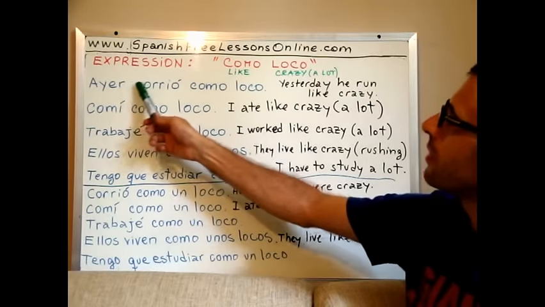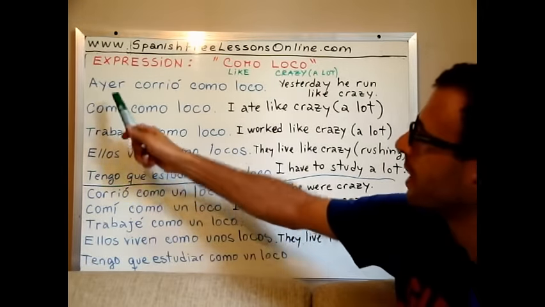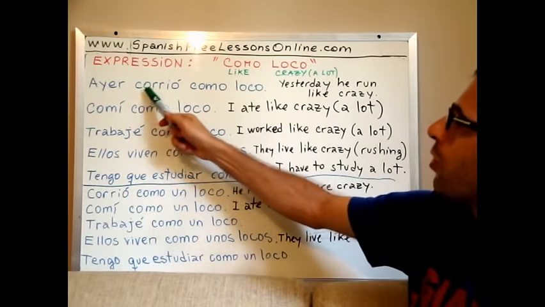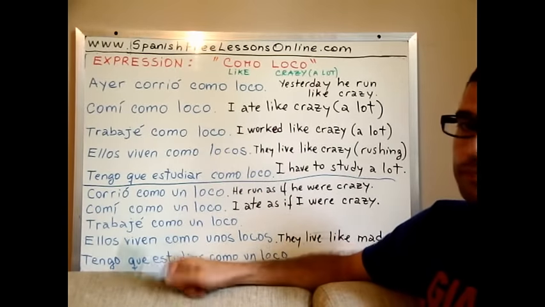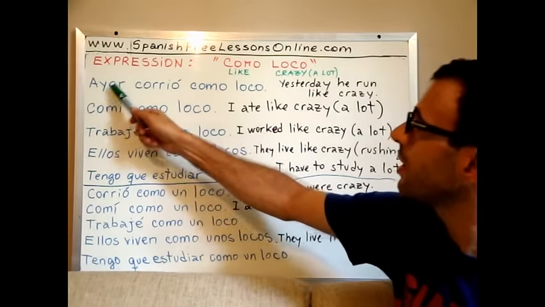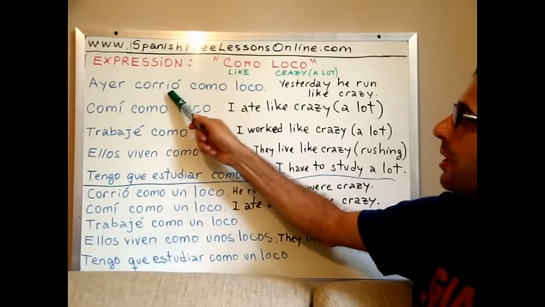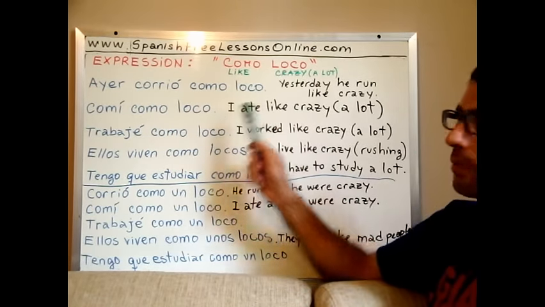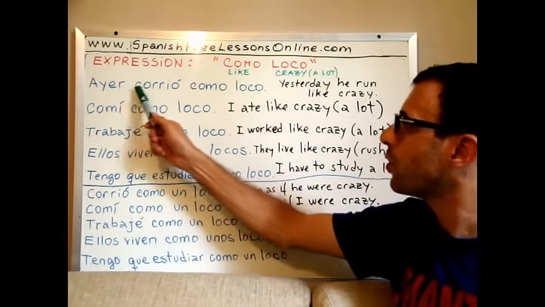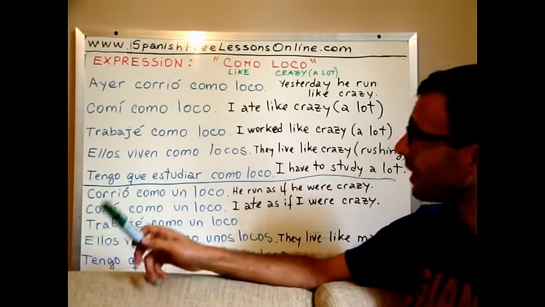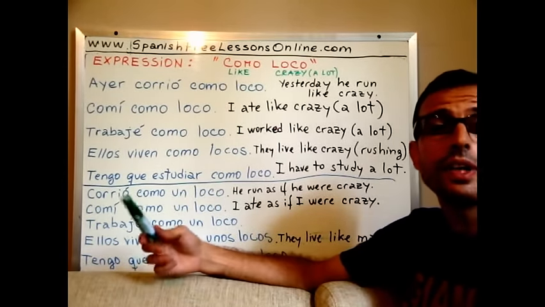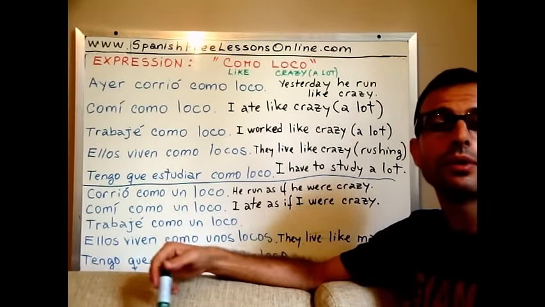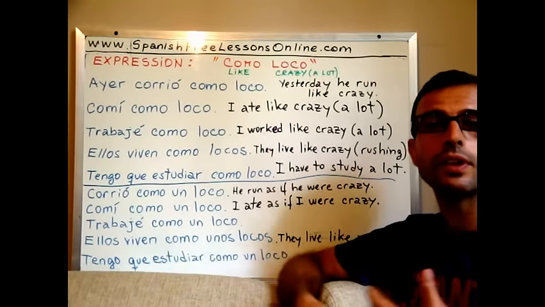So let's begin with this one here. We say, ayer corrió como loco, right? Yesterday he ran or she ran like crazy. Ayer corrió como loco. This means yesterday he ran a lot, right? Like crazy in the sense of a lot.